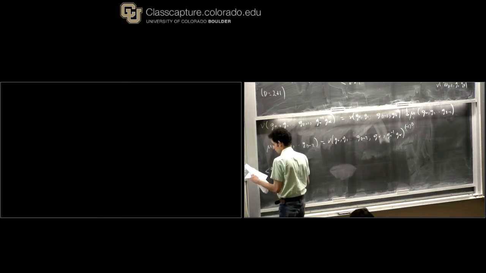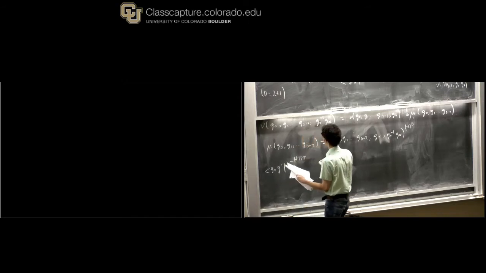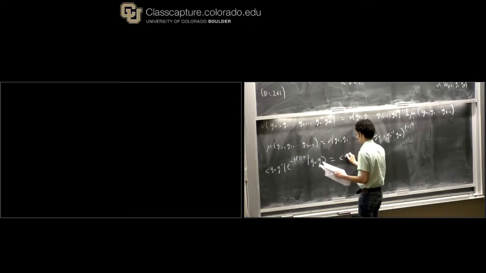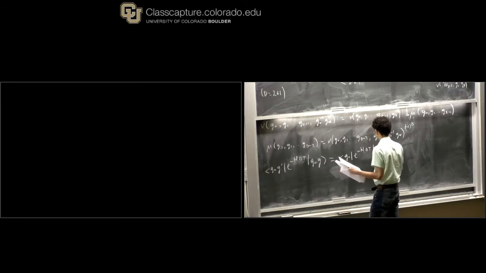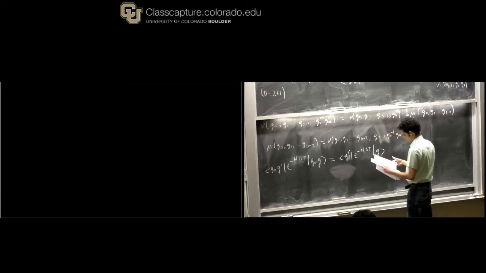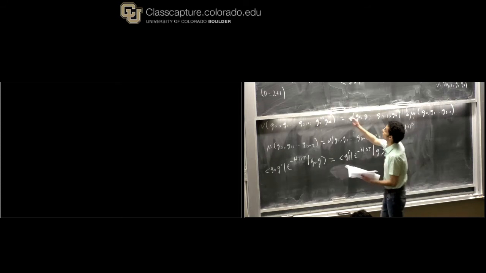G naught G prime T G naught G is equal to G naught e to the minus H delta tau G times product over delta d minus 2 belonging just to this.